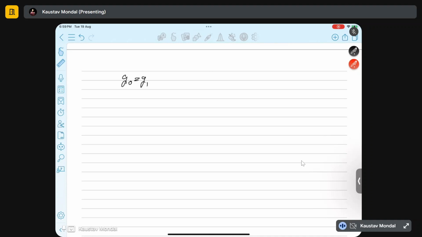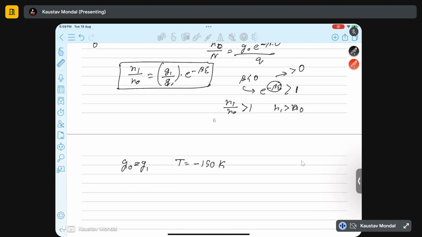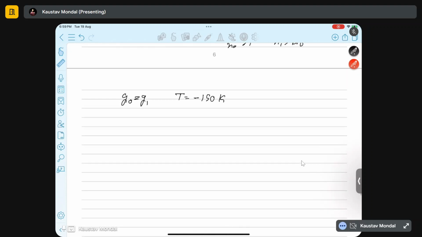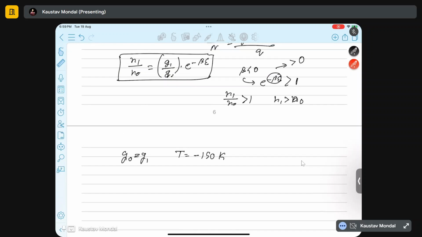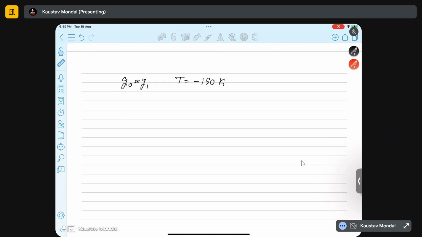And if we put the temperature of the bath at minus 150 Kelvin, and let's take epsilon by kB to be 300 Kelvin. So epsilon by kB you can write like 300 Kelvin.